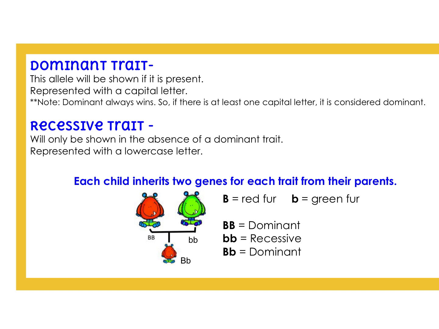So there's two ways that you can be dominant. You can be capital B, or you can be capital B lowercase b. Because there is at least one capital letter, both of these are dominant, and the only way that you would be the recessive form, lowercase b, would be if there are no dominant traits.